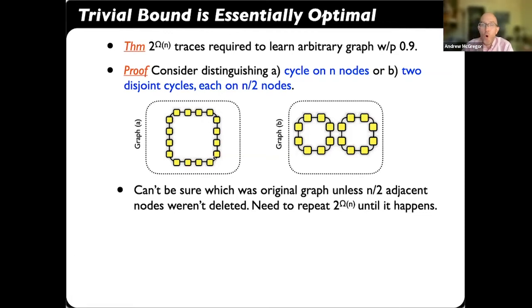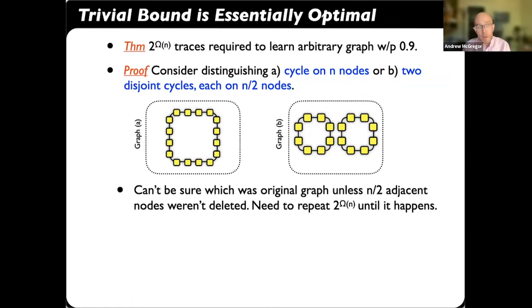Now you can't be sure which one is the unknown graph until you see n over 2 adjacent nodes that weren't deleted, okay? Because if there's n over 2 nodes that weren't deleted, in this case, you'd be seeing that cycle of edges, where in this case, you'd just be seeing a path, okay?